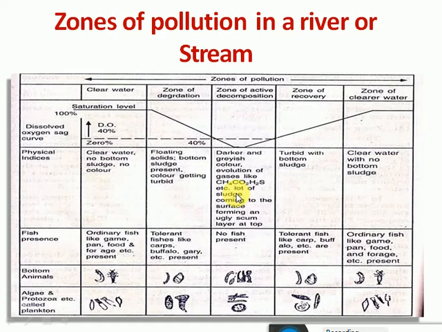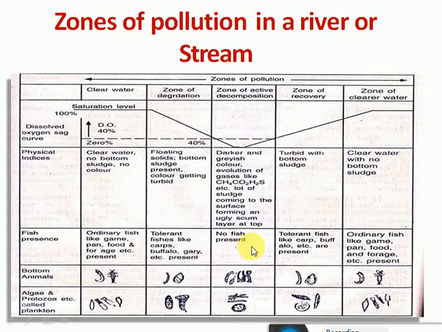Due to the anaerobic decomposition, the end products are hydrogen sulfide and methane. Where some oxygen is present, the end products will be carbon dioxide and water. This takes place in this zone.